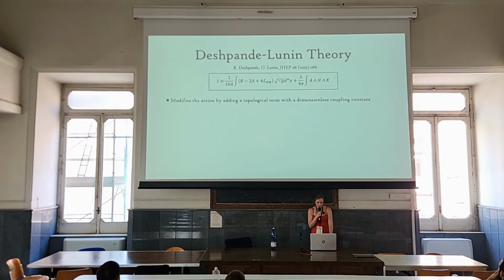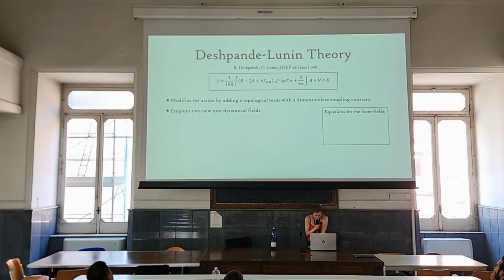The first term is the standard Einstein-Hilbert term with Ricci scalar, cosmological constant, and the Lagrangian for the electromagnetic field. Then you can see the topological term, which contains the field A, the electric potential. But there are also two other new fields, H and K, which will be non-dynamical. They won't appear in the thermodynamics of black holes.